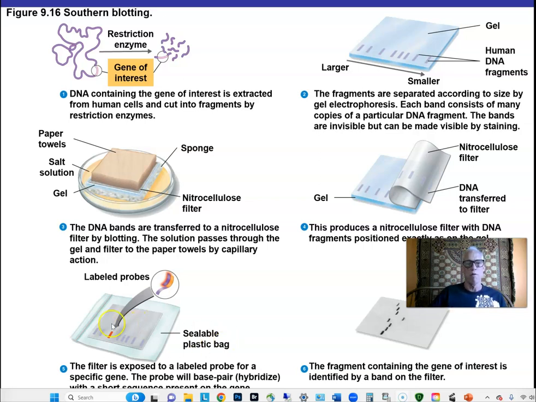We'll do a Southern blot. We'll take a little sample from the mouse body and purify some genomic DNA, cut it all up into pieces, separate it on a gel, transfer it onto this paper, and voila, we can verify, yep, our alteration that we've made in the genome of those mice is still present by using Southern blotting.